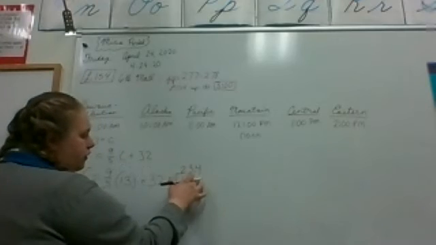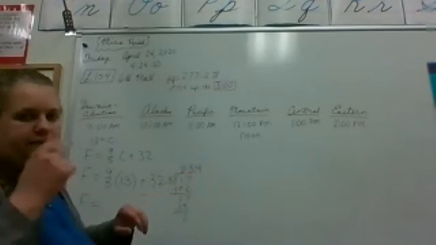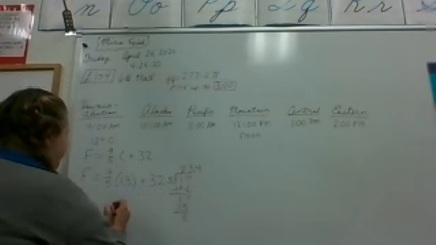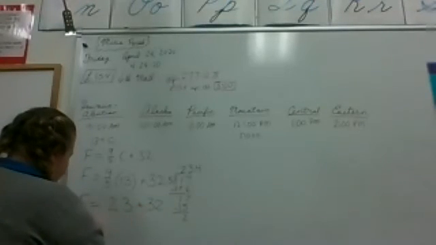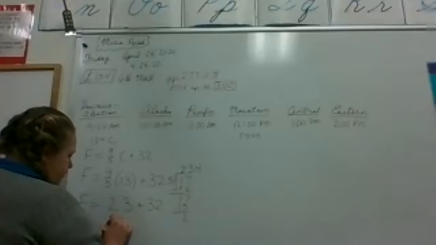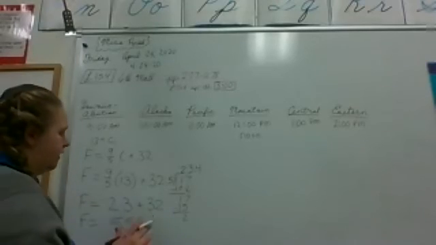So does that make 23 go up or stay the same? Stay the same, okay. So this would be 23 degrees plus 32. So F is equal to 55 degrees, okay. Fahrenheit is 55 degrees, all right.